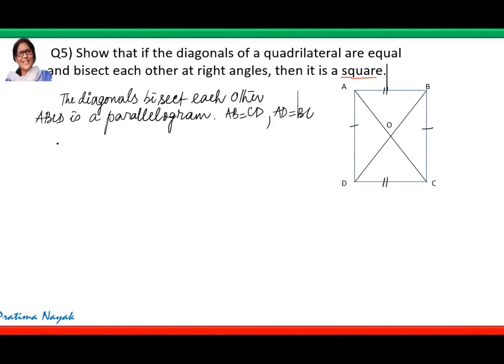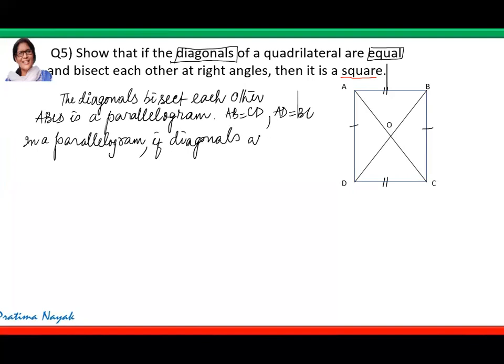Next, the diagonals are equal. Whose property is this? If you recall, in a parallelogram, if diagonals are equal, then it is a rectangle.